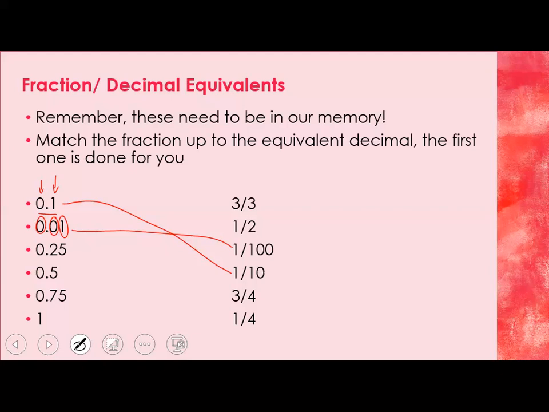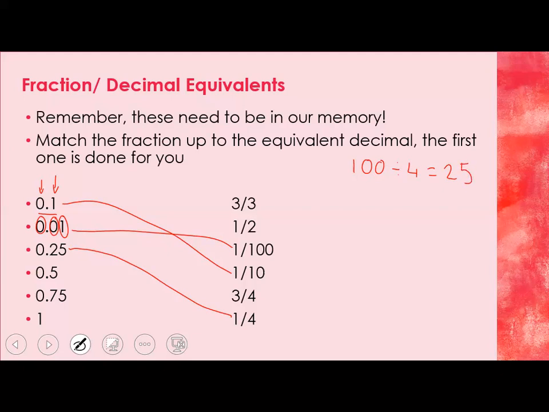Next, I have 0.25. Can you remember which fraction 0.25 is equivalent to? Well done if you said it's a quarter. Now, the reason I know that is because if I had, for example, the number 100 and divided it by 4 to find a quarter of it, that would be 25.